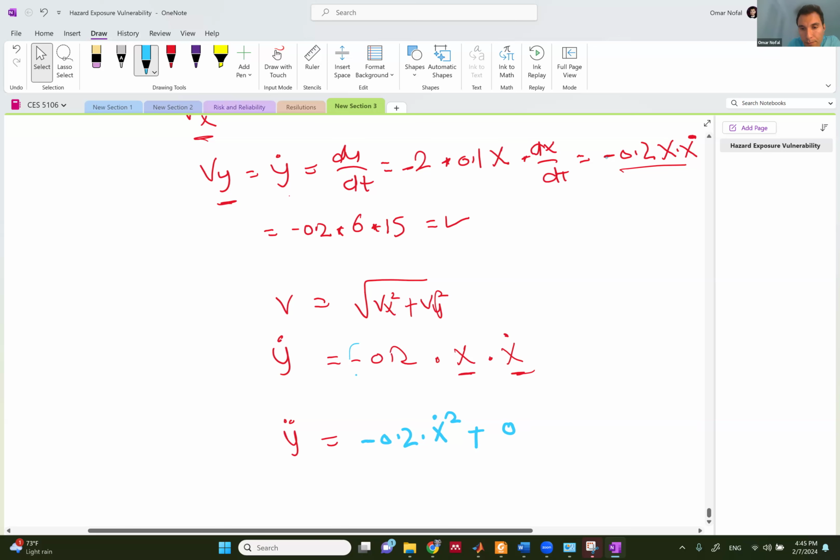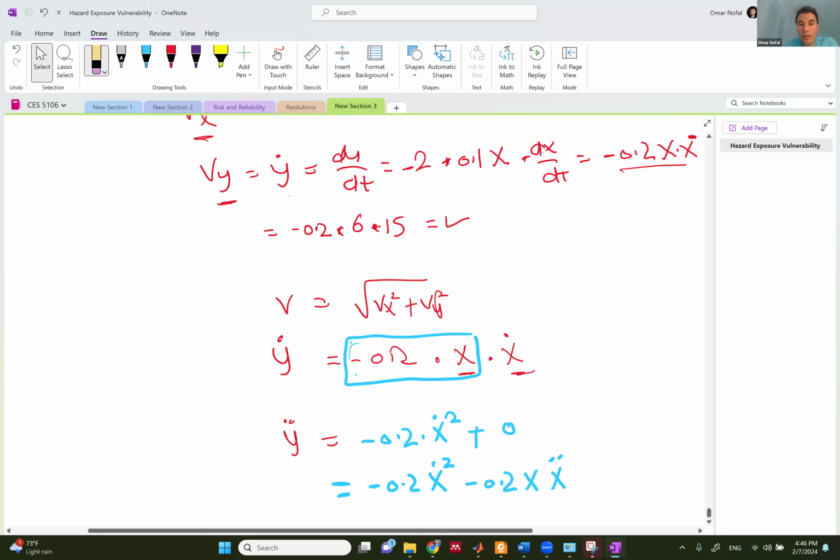So negative 0.2 x dot squared, and this is going to be plus, but I already have negative 0.2 x, so I'm going to put negative 0.2 x as it is, and then I'm going to differentiate x dot, which is going to be x double dot.